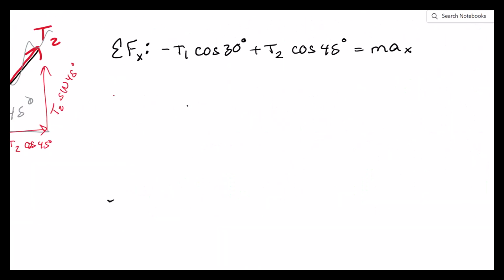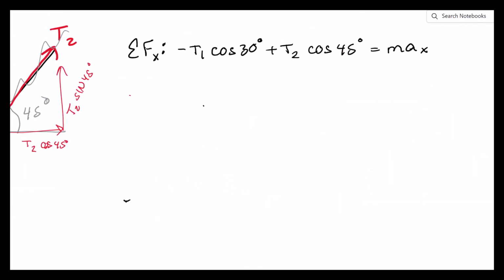So it's a non-moving, hanging traffic light, so that's 0. Okay? So now I can say T2 cosine 45 degrees equals T1 cosine 30 degrees, if you want to do it that way, or you can just leave it as being equal to 0.